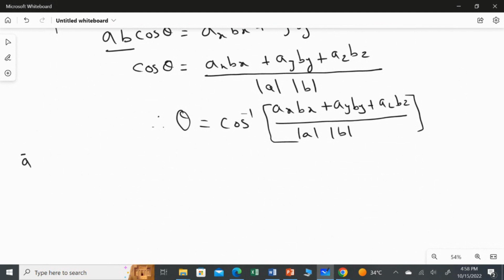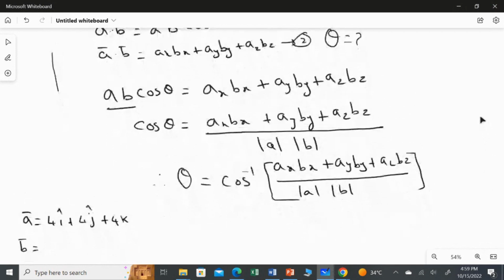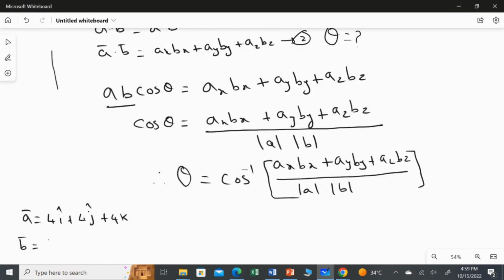A vector is equal to 4i plus 4j plus 4k. Likewise, B vector is equal to 3i plus 2j plus 4k.